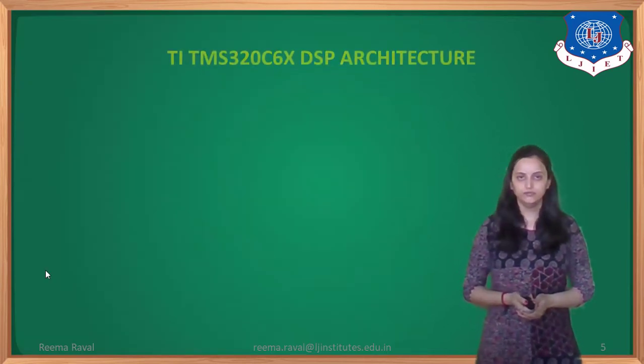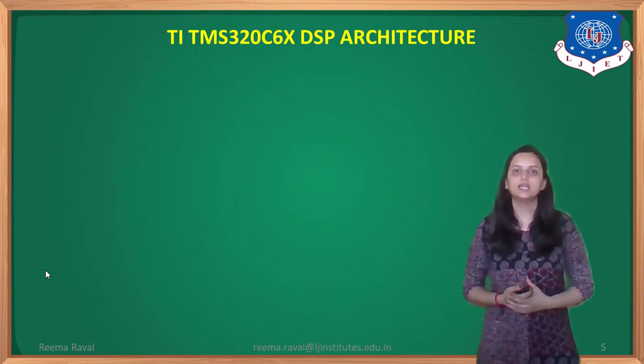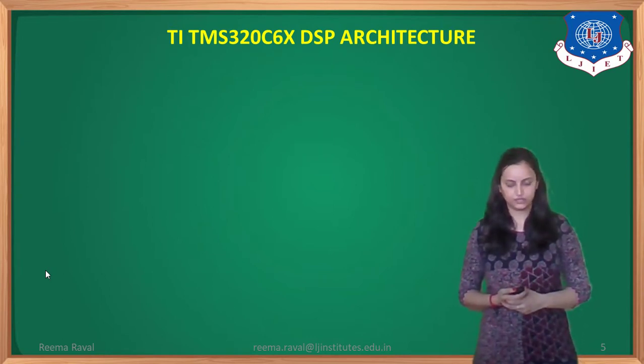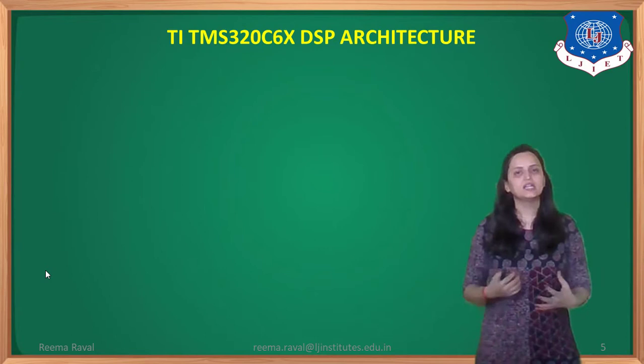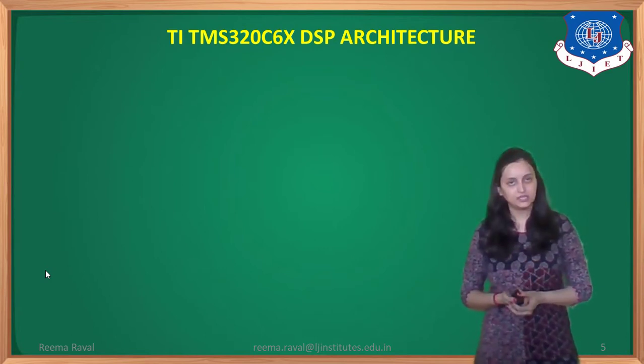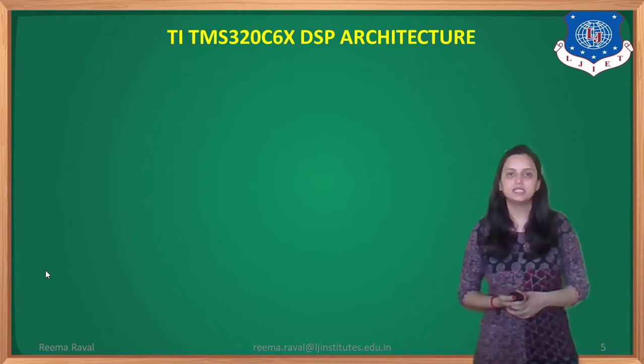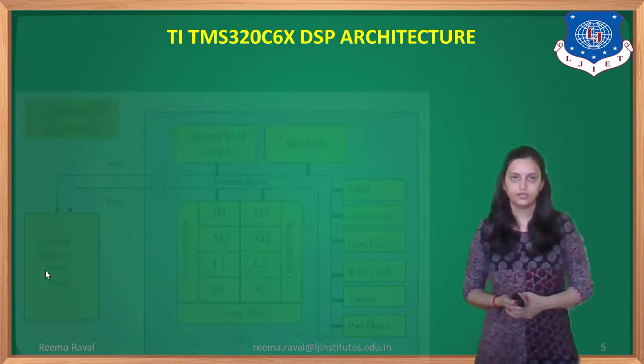Now, let us see the next topic, that is the TI TMS320C6x DSP architecture. There are various DSP processors available in the market nowadays. Among them, we are going to see the TMS320C6x processor.